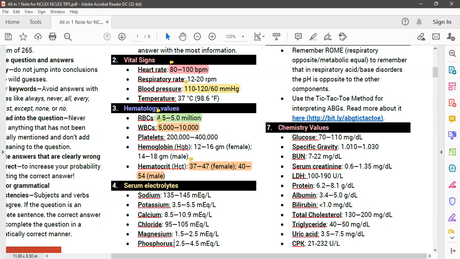There are some medications that contain magnesium. So if NCLEX board asks, what are the medications that contain magnesium? Answer is milk of magnesia.